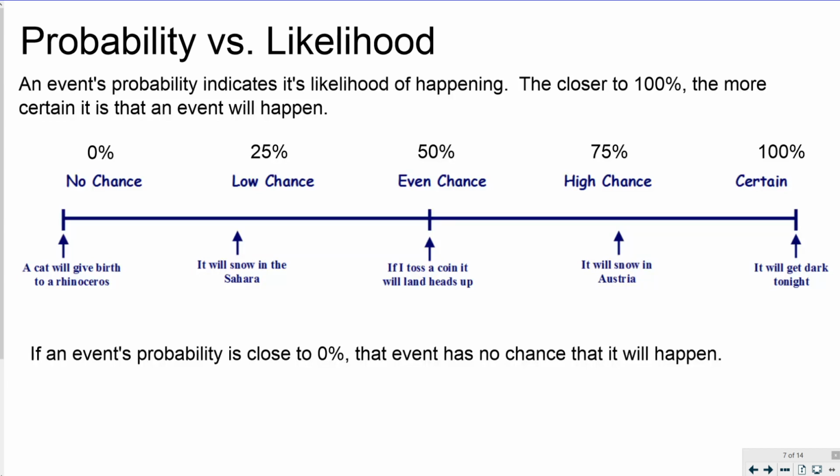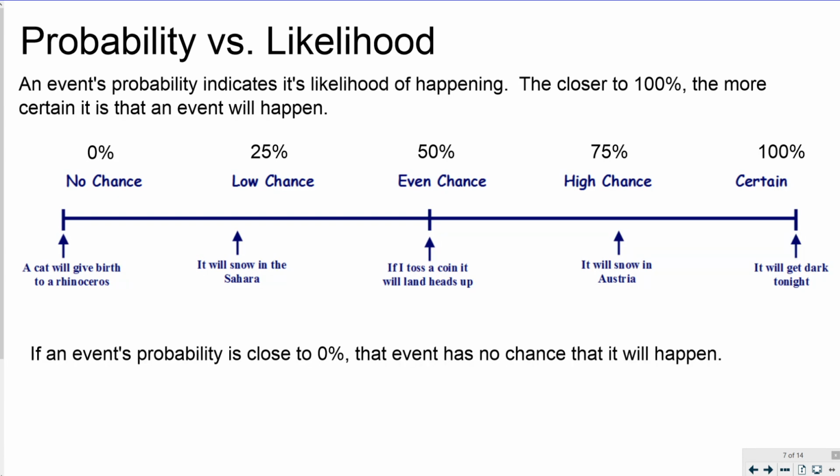An even chance would be a 50-50: if I toss a coin, it will land heads up. And a high chance: it will snow in Austria. Austria is a European nation, and it very likely will snow there, just like it very likely will snow in Wisconsin during the winter. And then there are certain events that will happen no matter what, such as it will get dark tonight.